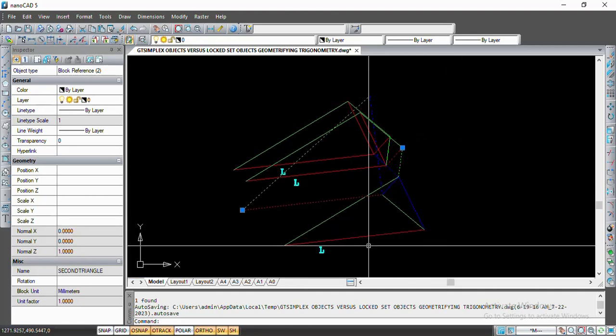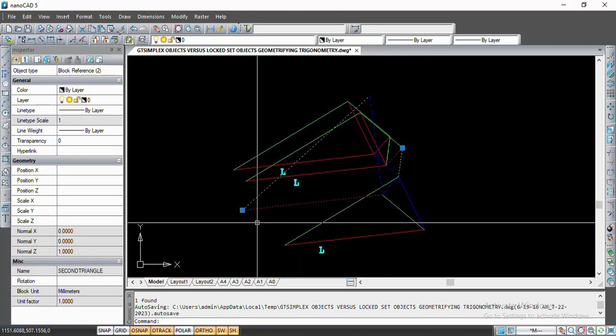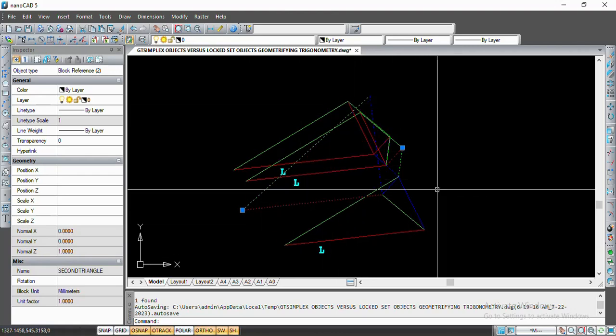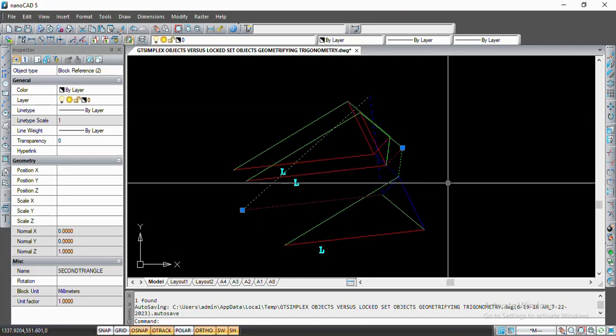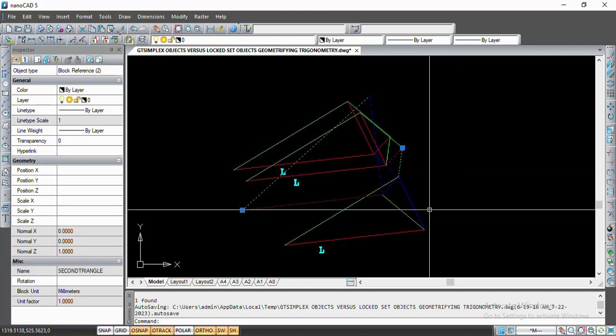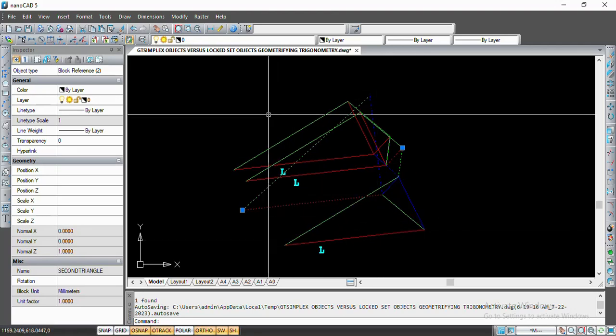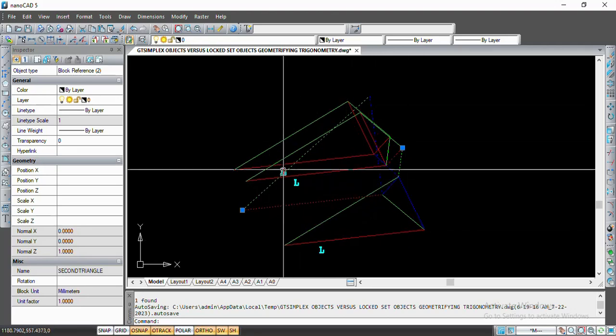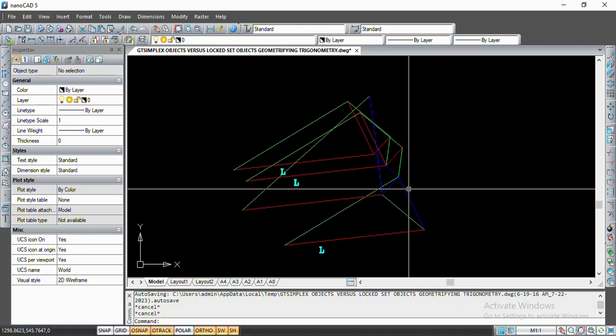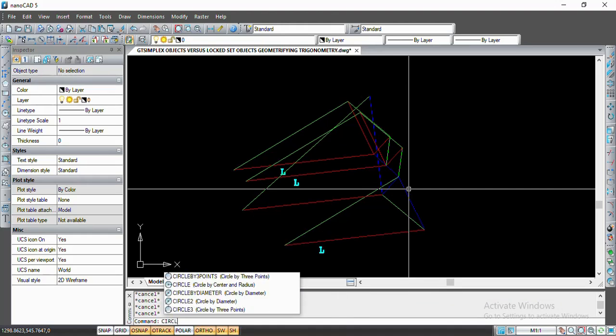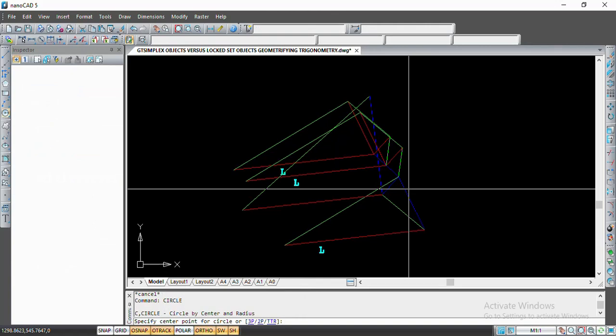Every symmetry also carries with it all the involved line segments which are involved in its own locked set, or whichever line segments are already involved in its valid symmetry or in the Gtsimplex. So all of these line segments form a conglomeration, and within this conglomeration we can have several theorems like a circle with 3 points.